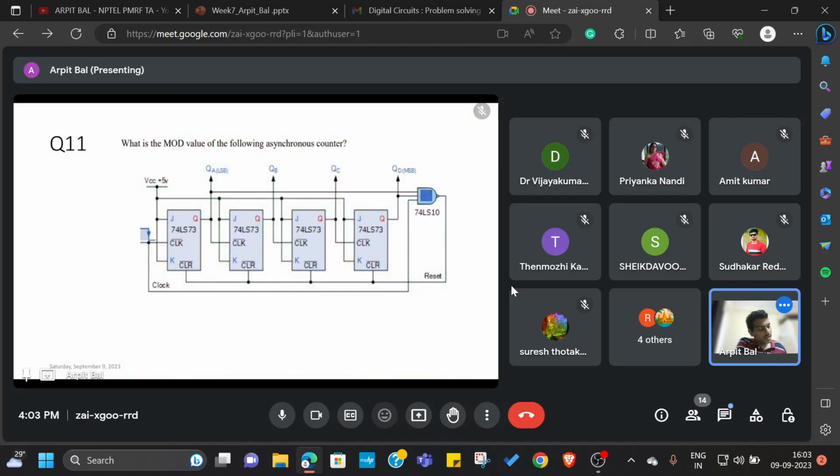In the next question we have to figure out what the mod value of this particular asynchronous counter is. When you are given a reset followed by a logic, the first thing you have to do is figure out the equation of the reset. Can anyone tell me the equation of this reset?